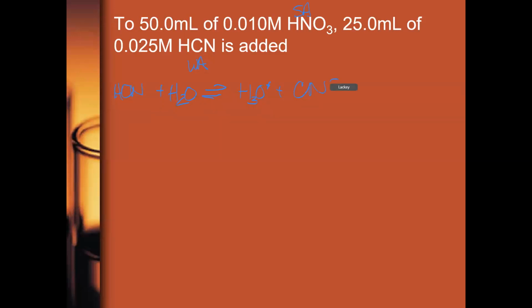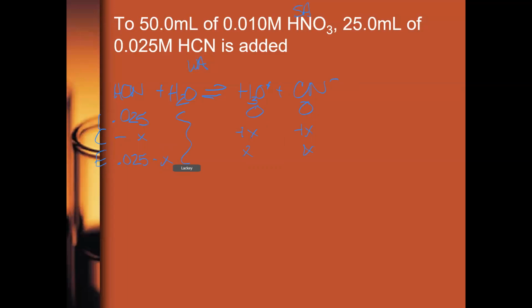Remember, hydronium is basically the same thing as hydrogen. For our ICE table, we're starting with a 0.025 molar hydrocyanic acid, none of our ions. So we're going to have to increase by a factor of X on our product side, decrease by a factor of X on our reactant side.